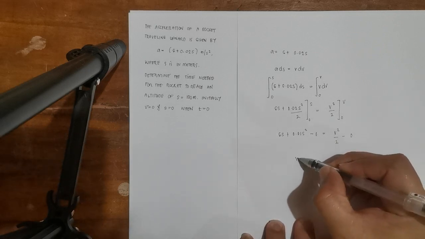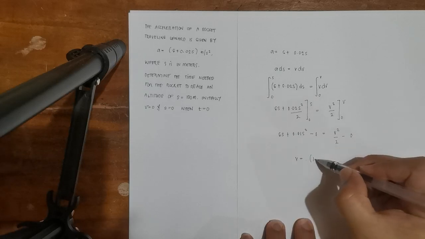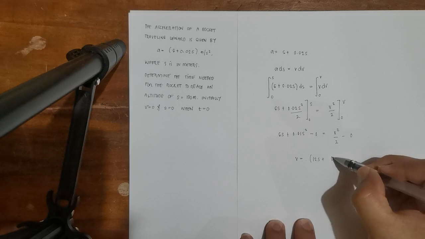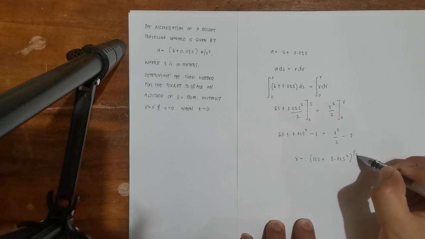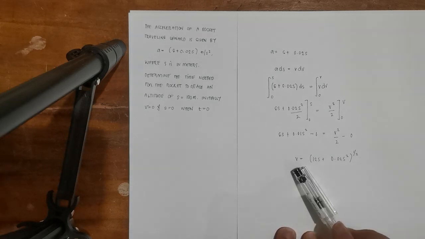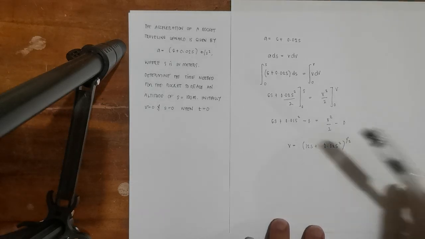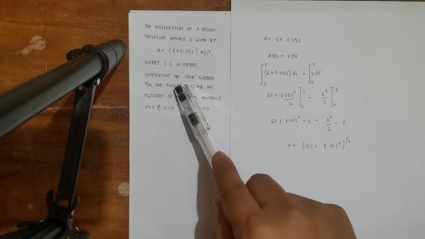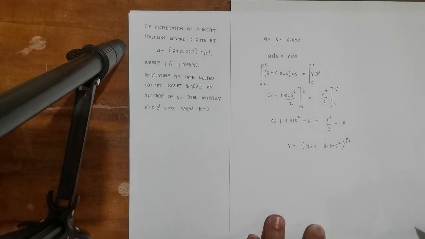Simplify lang natin, velocity is quantity 12s plus 0.02 s squared raised to 1/2. So we have here an equation relating velocity and the position of the rocket. So the unknown is to get the time needed for the rocket to reach an altitude of 100 meters.